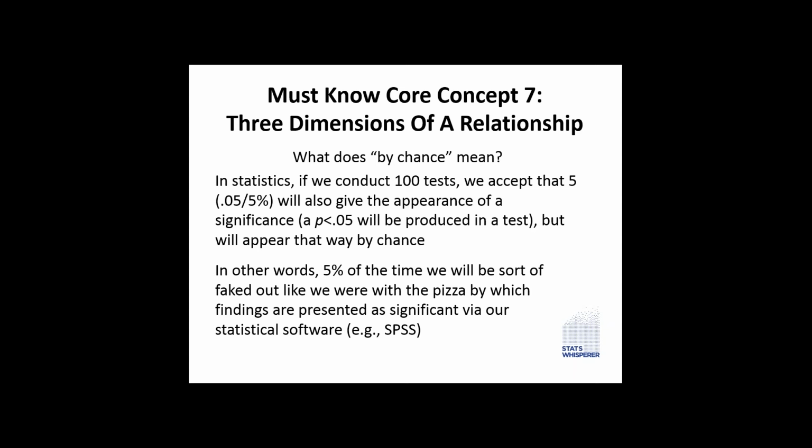So basically we know there's 5 stinkers in that whole list of 100 that's saying, hey, this is related to this when it's really not. So that's our level of probability. Just like we got faked out by the guy holding the pizza, it looks significant. There'd be 100 tests, they all look significant, but 5 of them will just be by chance.